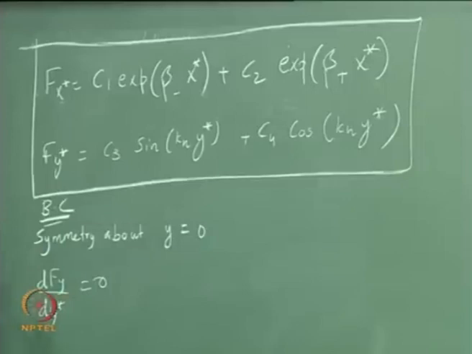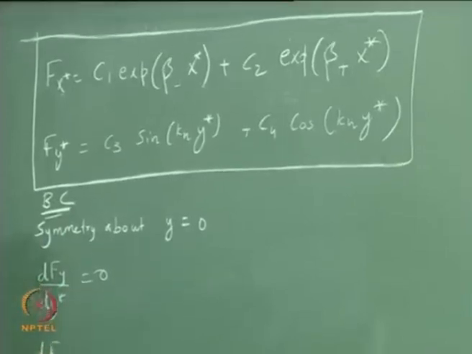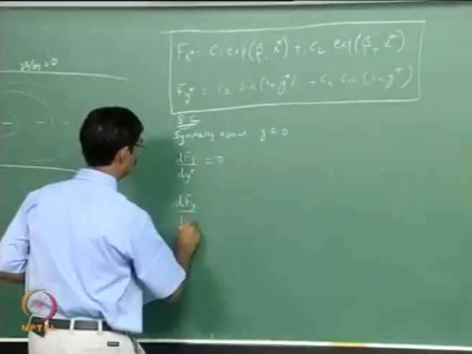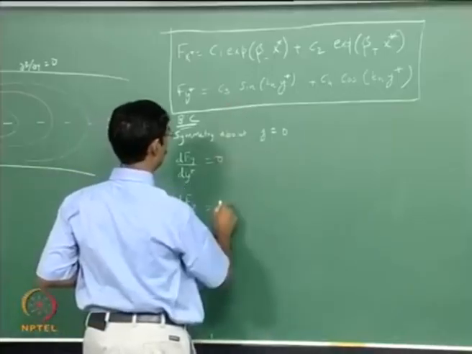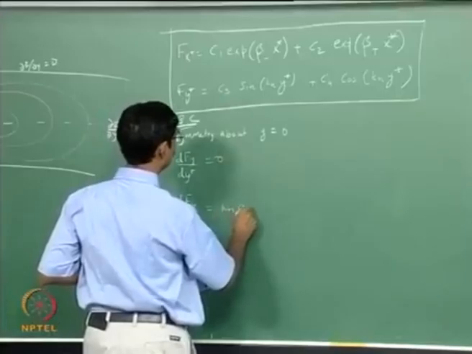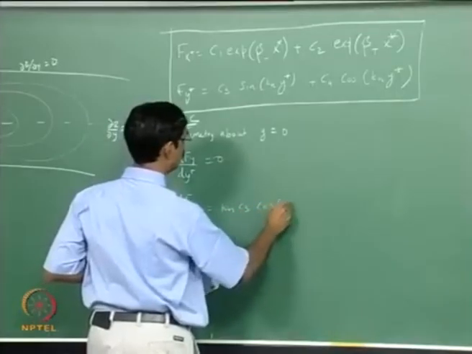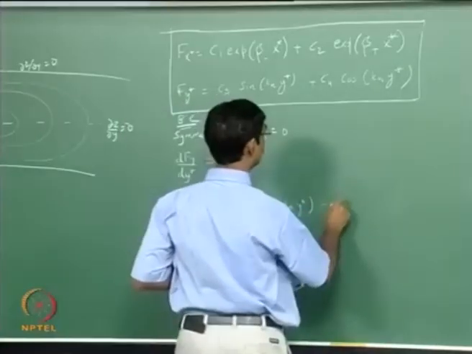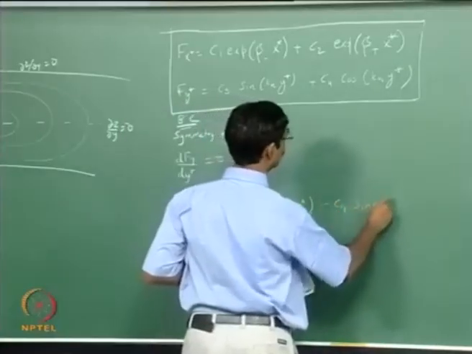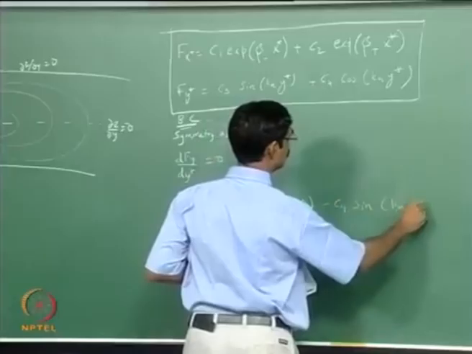So, let us differentiate. This will give kn C3 cos kny star minus C4 sin kny star.